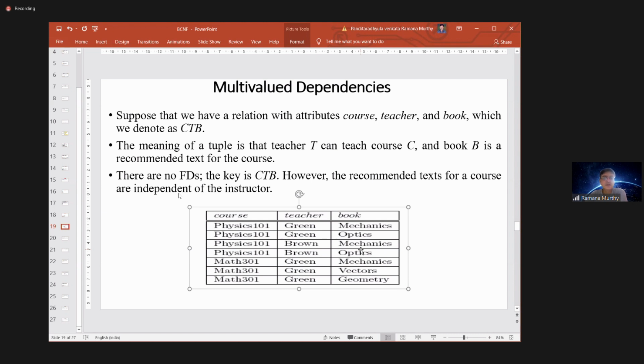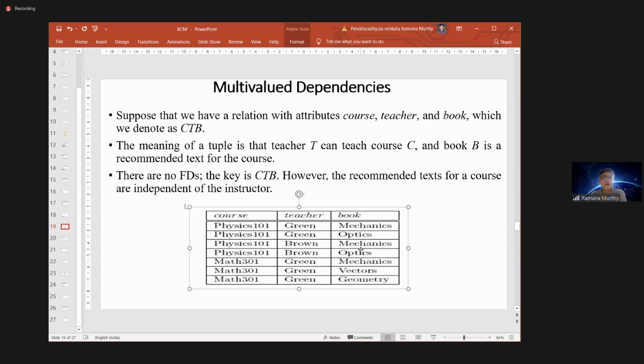A course can be taught by any teacher. The teacher can teach any course. Similarly, the course can have any book. The teacher also can opt for any book. They need not depend on each other.